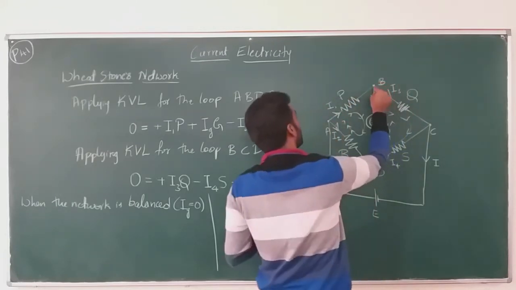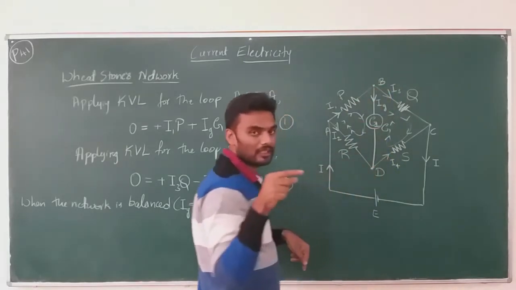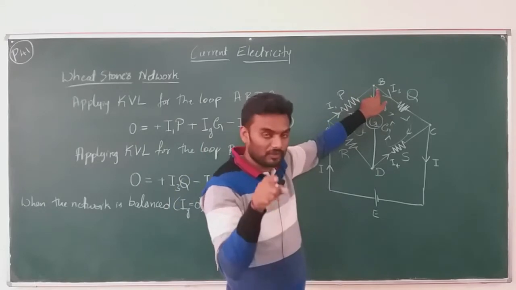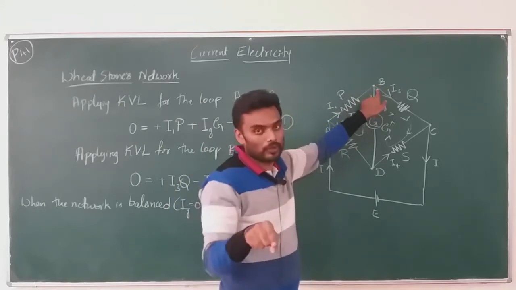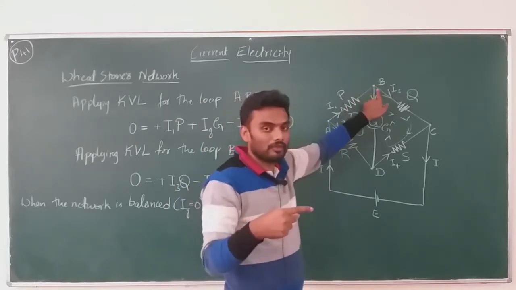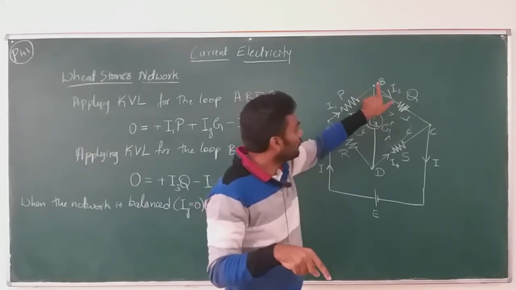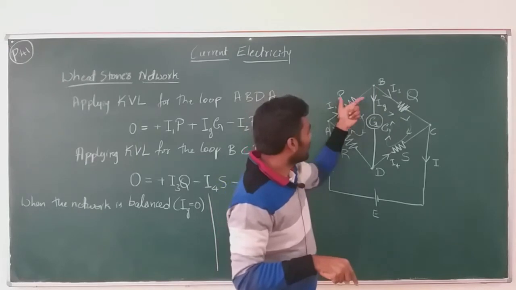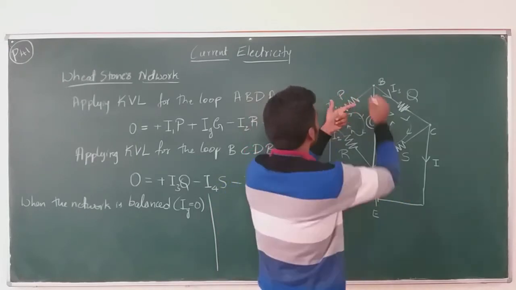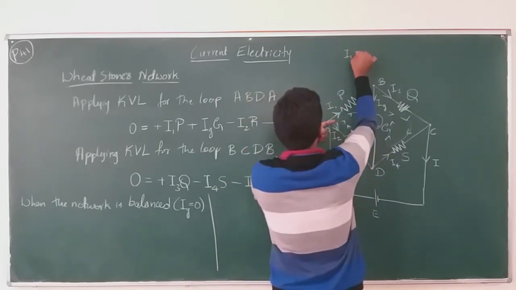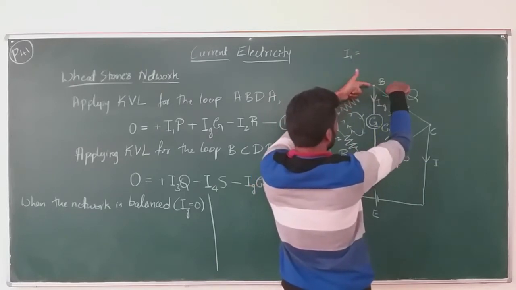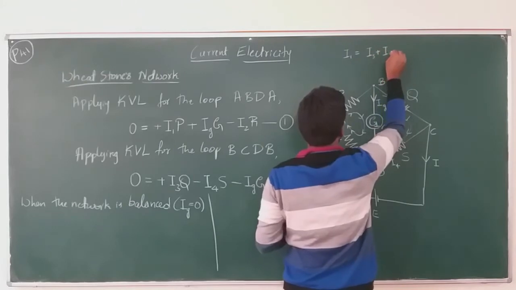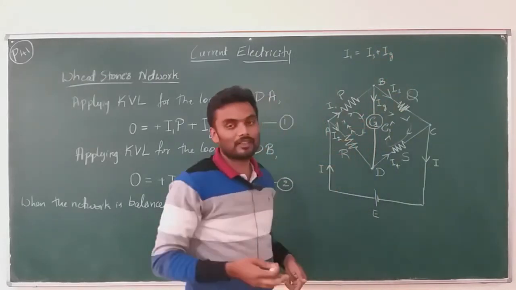So when we apply KCL, Kirchhoff's current law, the first law, for the node, because you know that KCL is applied for the node, not for the loop. Loop is for the KVL. So when I apply KCL for the node B, I1 is the current flowing into it, right, is equal to I3 plus Ig, the total current flowing out of it, right, because this is what KCL says.